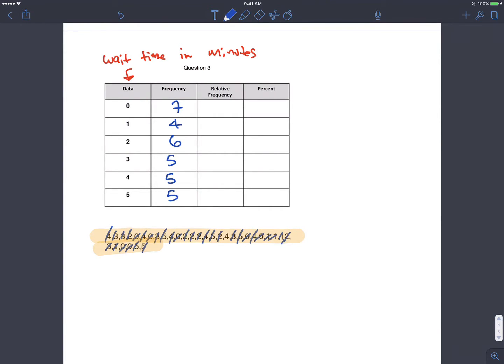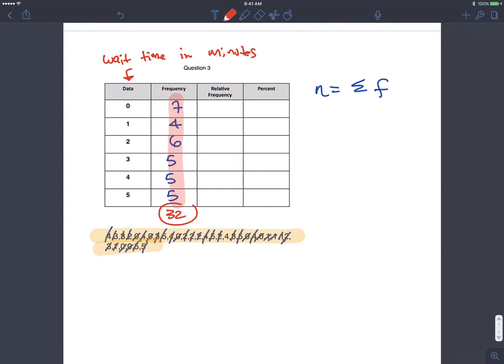Again, let's recall. I need the sample size, which is the sum of my frequency values. So if I add all these frequency values here, I'm going to get a sample size. 7 plus 4 plus 6 plus 5 plus 5 plus 5 gives us 32 data values.